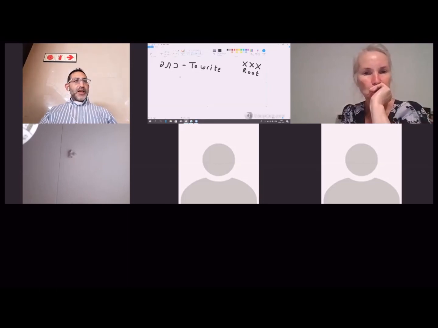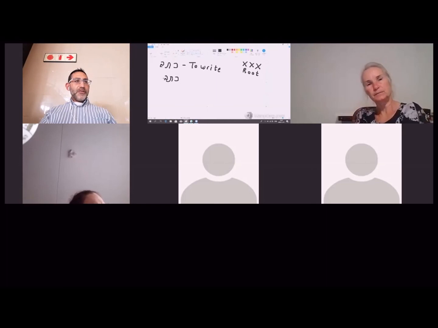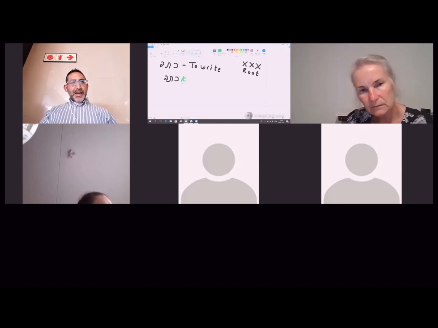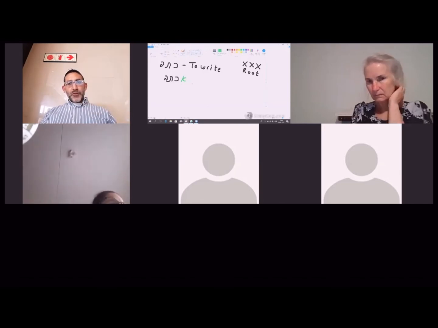So we're going to have a look at, let's say, the suffixes first. I think that was our first lesson. So we're going to have kosav. Now, if we have an aleph, and I'm just going to put that in the beginning, there are 7 different binyanim, which again we're going to go through in the notes, and I don't want to focus too much on them, but depending on the intensity, you have passive, active, and there's seven different forms of it, and I don't want to go too much into it.